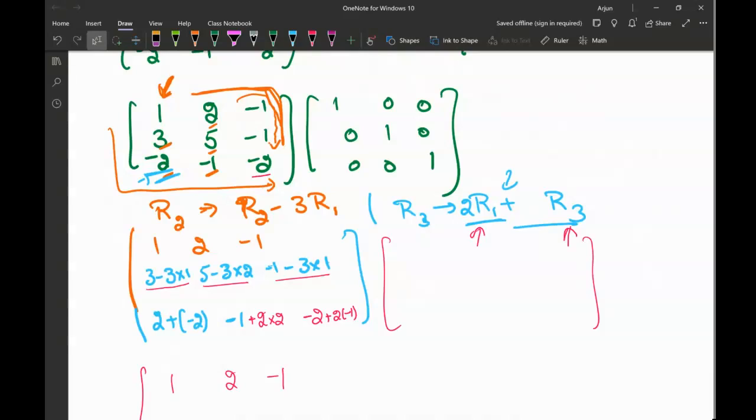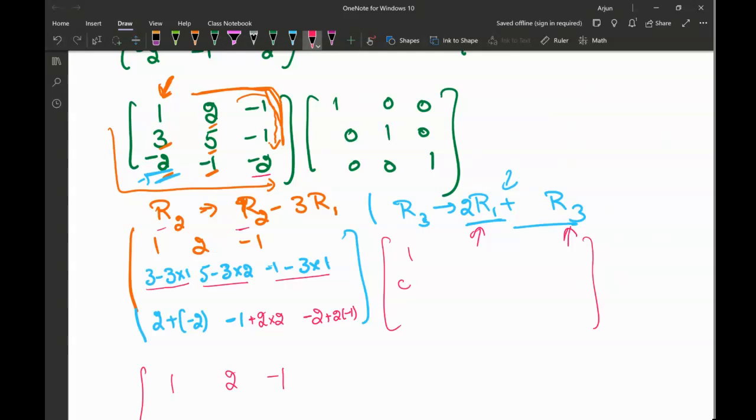So here, if I apply the operation, it becomes 1, and if I apply it on R2, the operation will be R2 minus 3R1. So that will become minus 3. This will become minus 3.